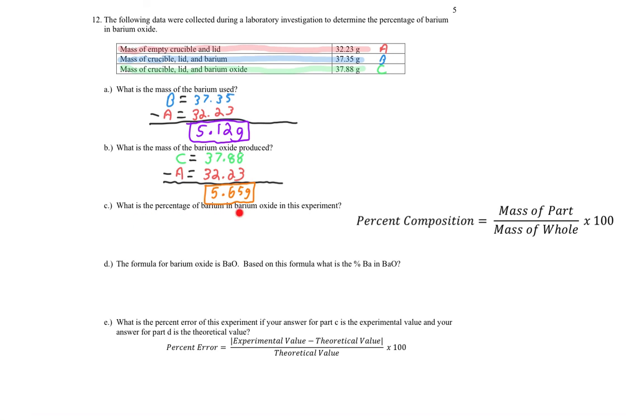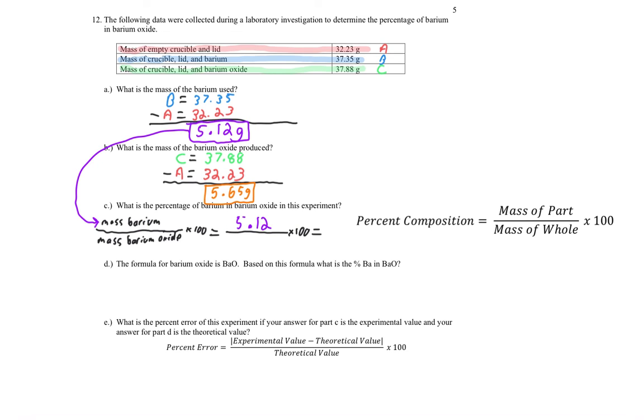Next, I'm trying to find the percentage of barium in barium oxide. I'm going to use my percent composition equation. All right, this is on your reference sheet. I'm going to take the mass of the part, which is barium, over the mass of the whole thing, which is barium oxide. So I wanted to find the amount of barium in barium oxide from the experiment. Well, the amount of barium is what I calculated in part A. So this 5.12 grams is my mass of barium used.